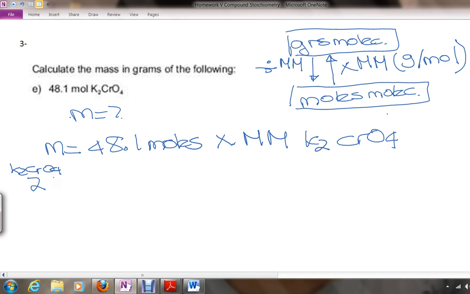It would be twice potassium, which is 40 something.